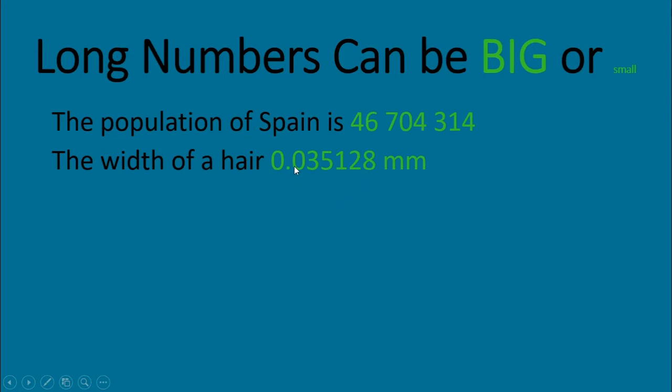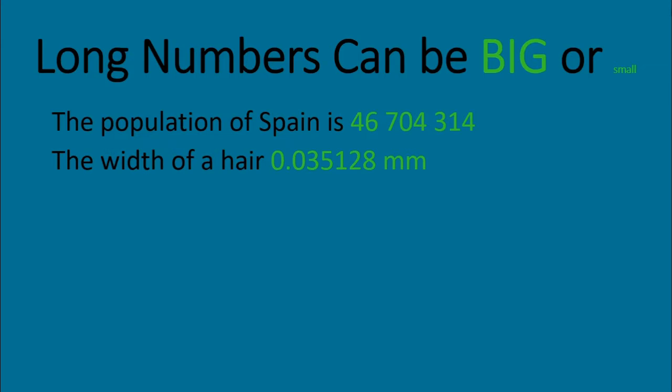Starting with the tenths position, this is the tenths, hundredths, thousandths, ten thousandths, hundred thousandths, millionths. So this is some number of millionths. We just named the number after the decimal point. So that's 35,128 millionths of a millimeter. That's tiny. And it's very long for us to say and confusing for us to say.